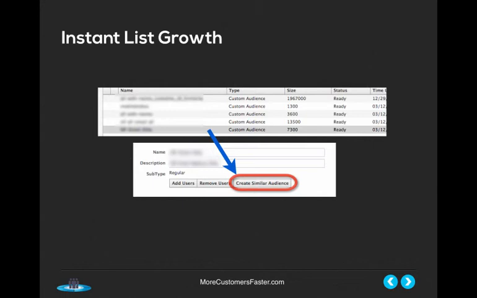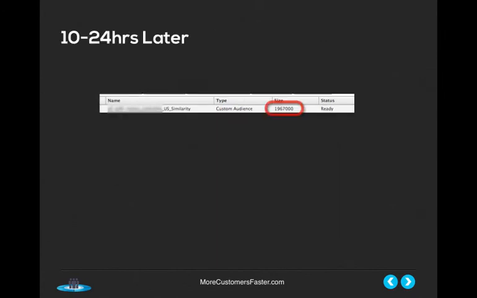I'm guessing that if you have a list of 1,000 people and they match 500, they'll find out what's common or similar with those 500 people. Maybe it's age, maybe it's interests, and then they will create a similar group of people. In my case, when I did that, it created almost 2 million matches in the entire U.S.